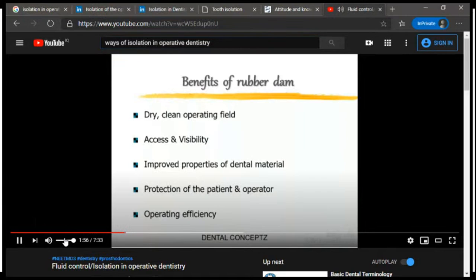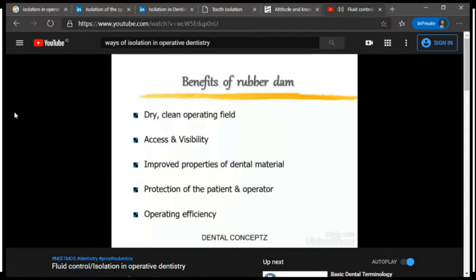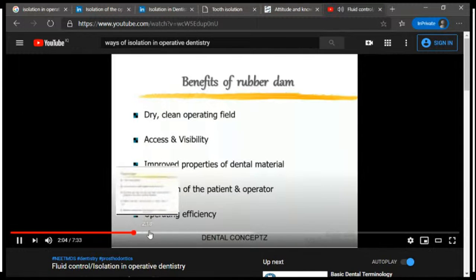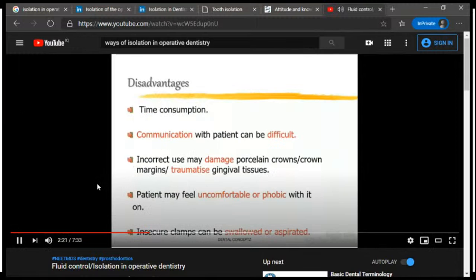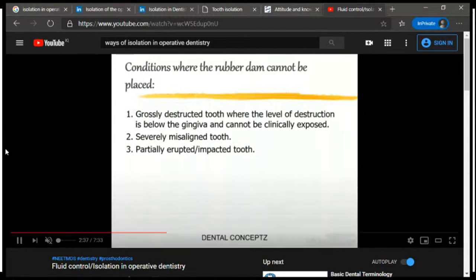It helps in the protection of the patient and operator, and the use of rubber dam results in improved operator efficiency. Incorrect use of rubber dam may damage porcelain crowns or crown margins or traumatize the gingiva. These are the disadvantages: time consumption, communication with the patient can be difficult, incorrect use may cause damage, and the patient may feel uncomfortable.